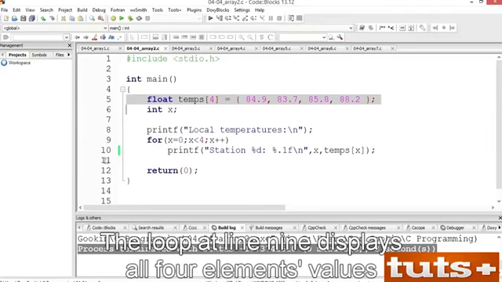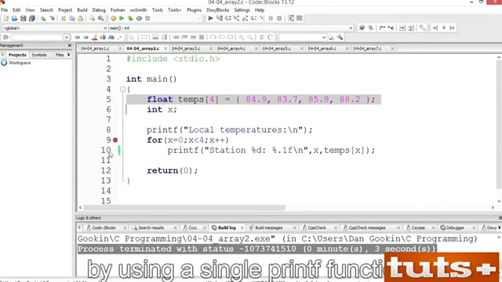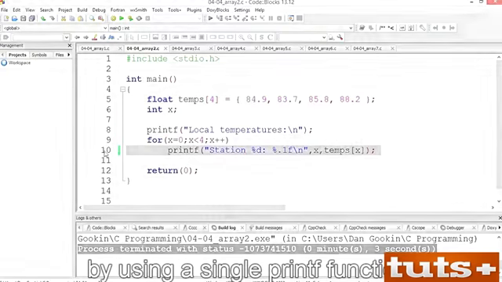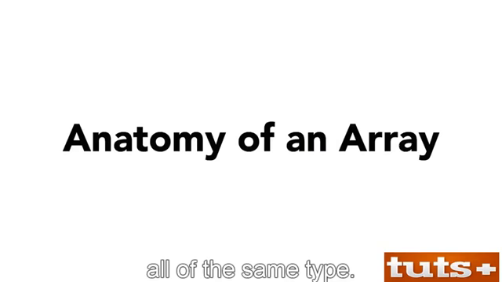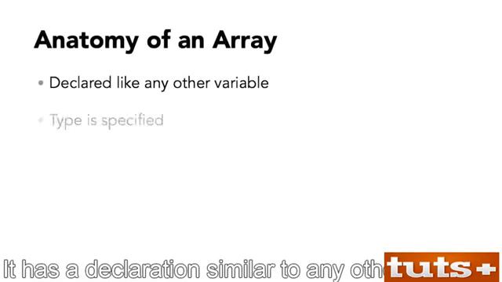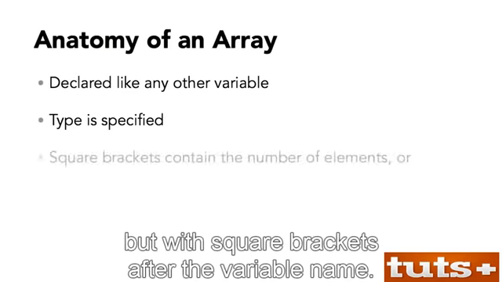An array is simply a collection of multiple variables, all of the same type. It has a declaration similar to any other variable, but with square brackets after the variable name. The brackets hold the number of elements in the array, or they can be blank if the elements are specified when the array is declared.